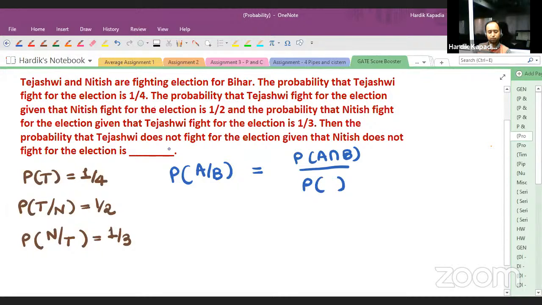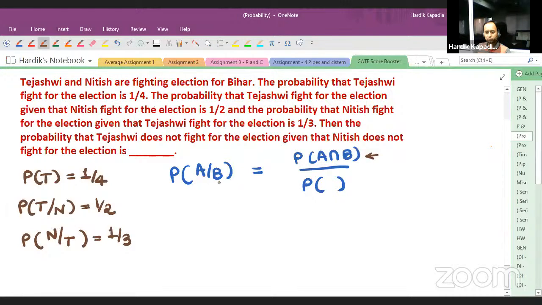So I think everyone knows the formula. But how was it told to us in school time or college time or tuition time? See, don't worry, this is a very simple formula. Just write the intersection of both of them, A and B, right over here.